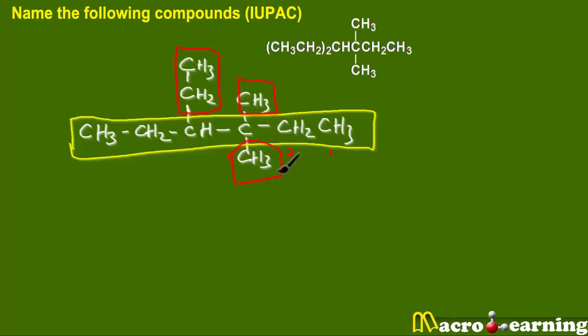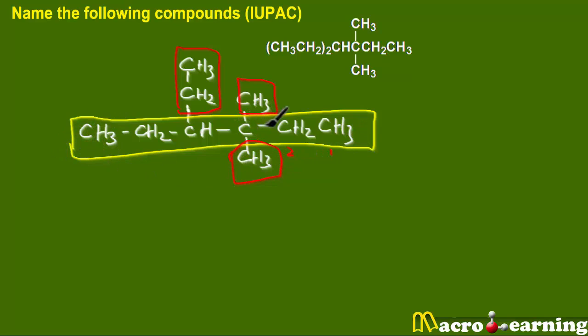Before that, there's another rule that says whichever end that's closer to the third substituent is the end where the numbering begins. Okay, so in this case, numbering will begin from this end, which is closer to this third substituent than this end is.